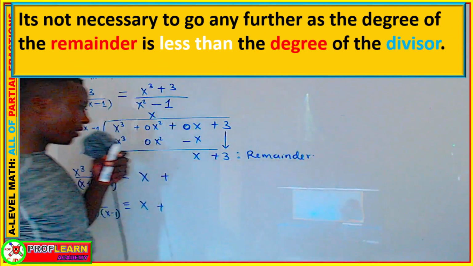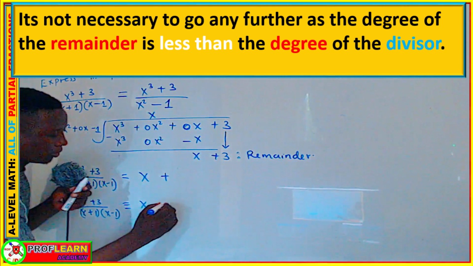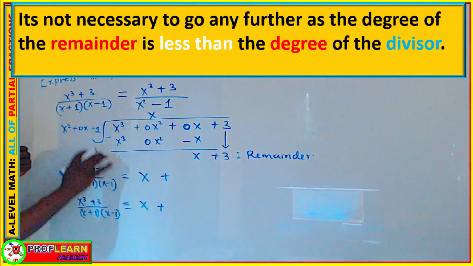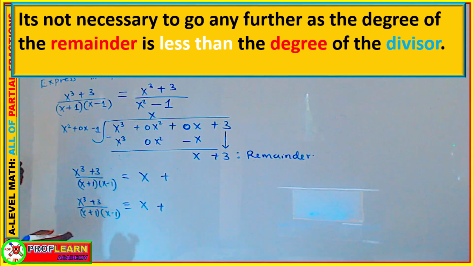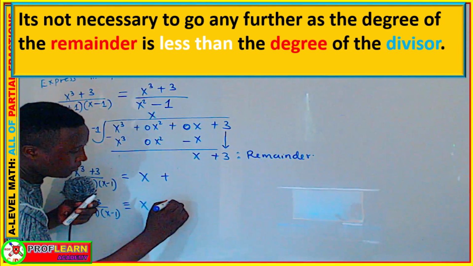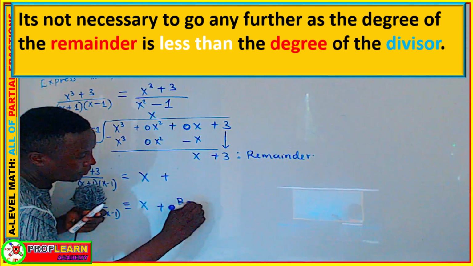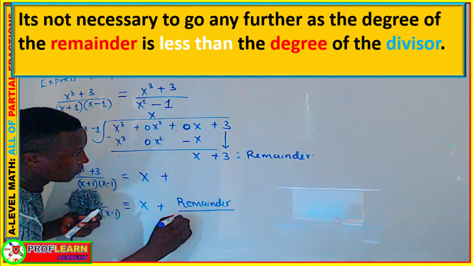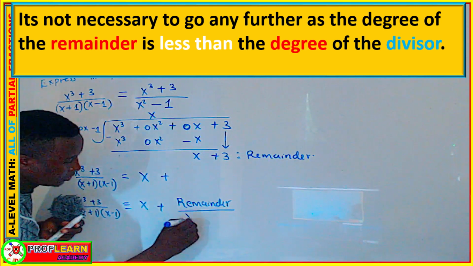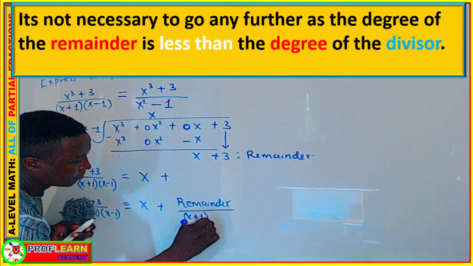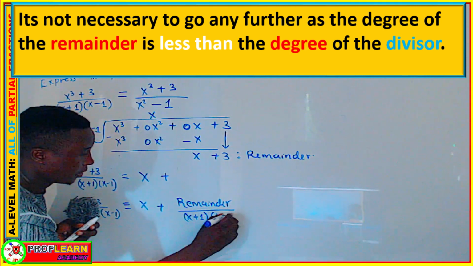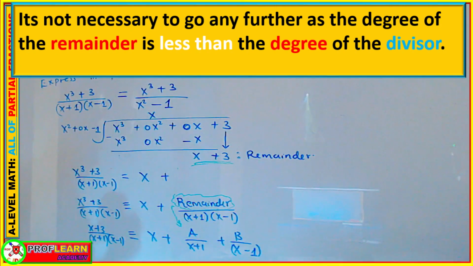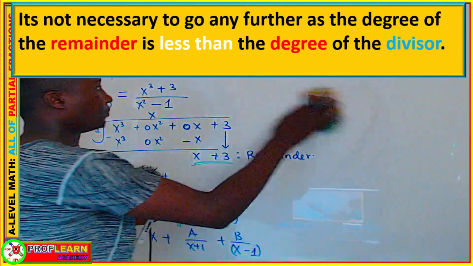So we can now say this type of equation can be expressed as a remainder over (x plus 1)(x minus 1).